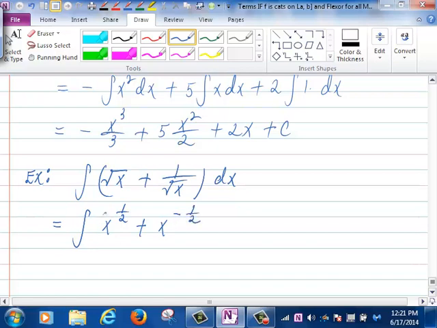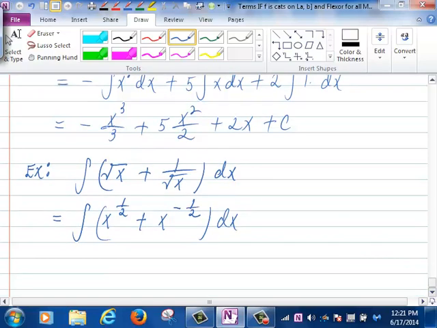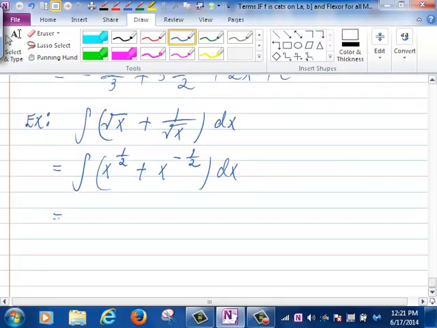You agree with that? So far I only know how to use the power rule to find indefinite integrals. So you have to write everything as powers of x. And then this is the integral of x to the half plus the integral of x to the negative half.